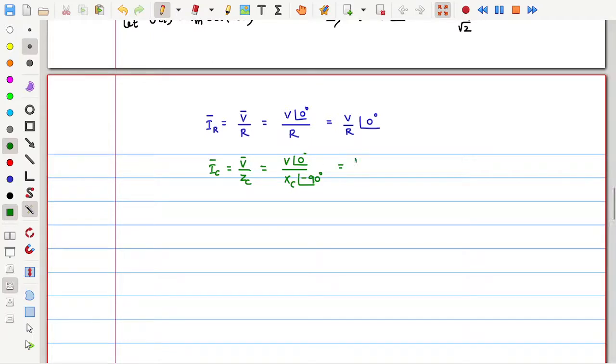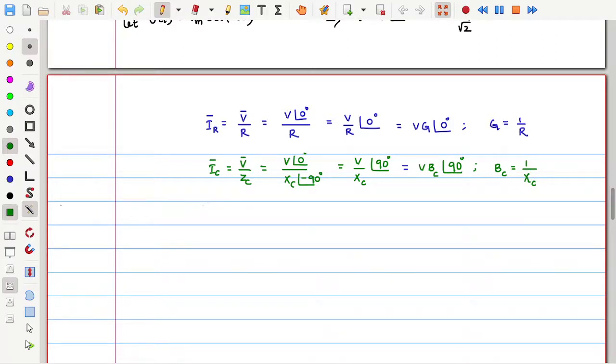Simplifying, we get V by XC at an angle of 90 degrees. We already saw that the reciprocal of resistance is the conductance. So I can write V into G at an angle of 0, where G is equal to 1 by R, which is conductance. And here I can write V into BC, where BC is the capacitive susceptance, which is equal to the reciprocal of capacitive reactance.